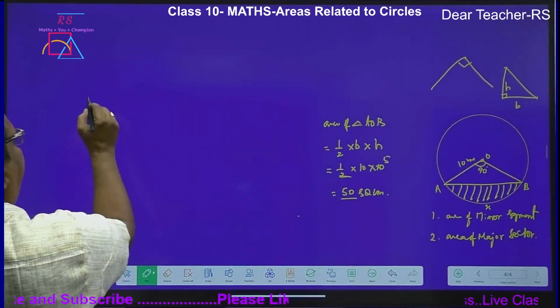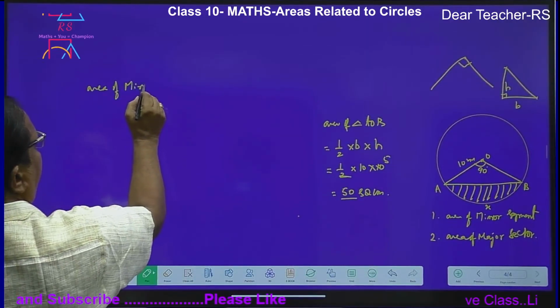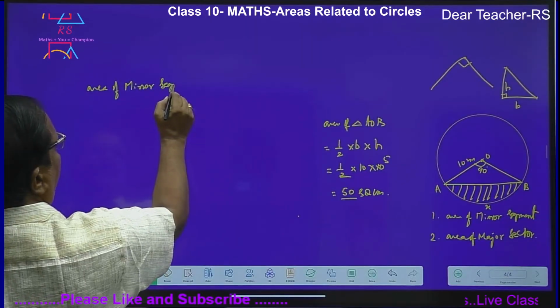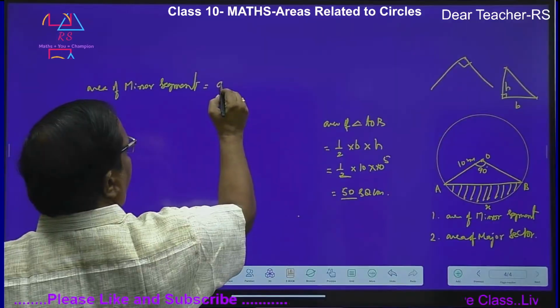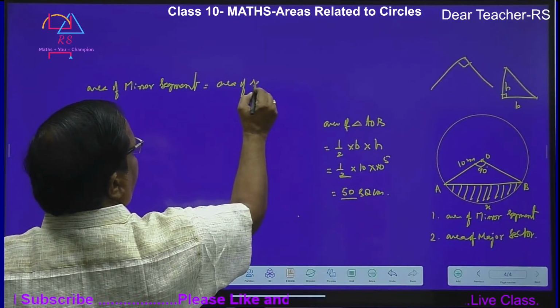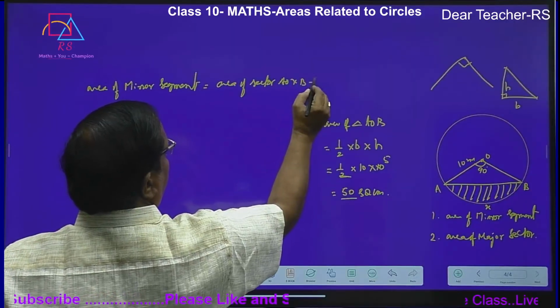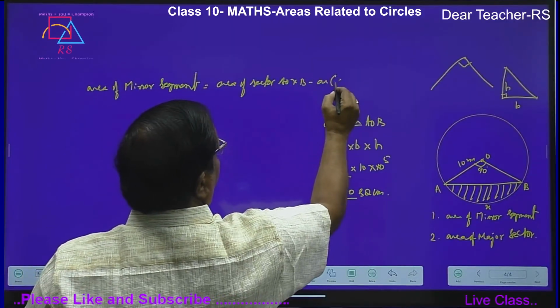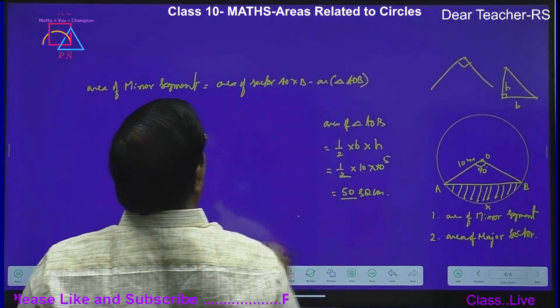Now area of segment. Area of minor segment is equal to area of sector AOXB minus area of triangle AOB. Okay.